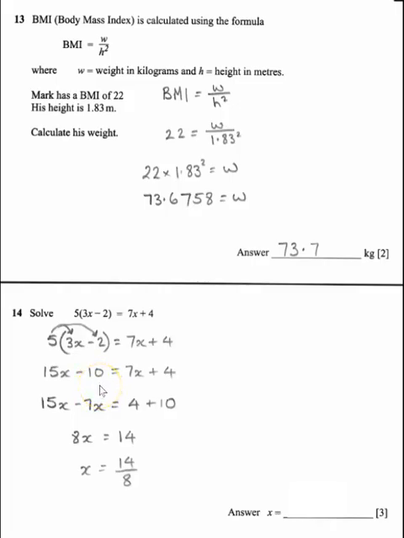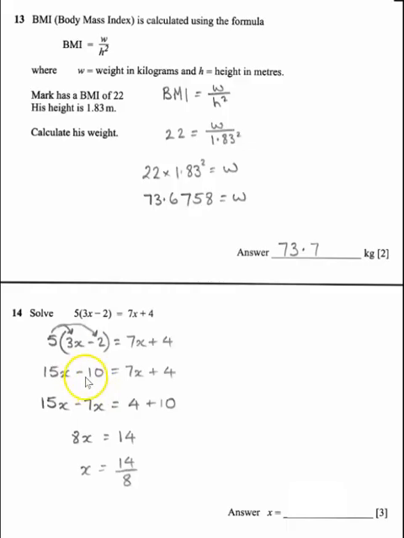Now what we are aiming for is to get all our x's on one side and all our numbers on the other side. So we're moving the 7x across to the left hand side. This is the positive 7x, so when we move it across it changes to a minus 7x. So it's just the opposite of what you started with. So we start with plus 7x and it changes to minus 7x.